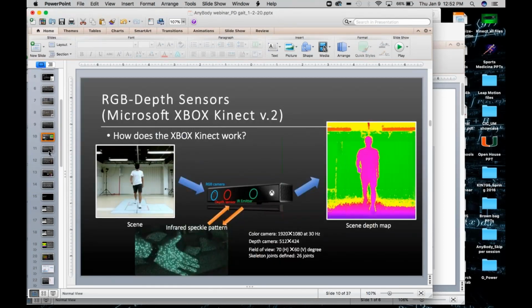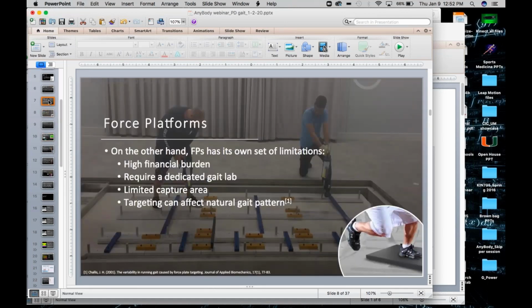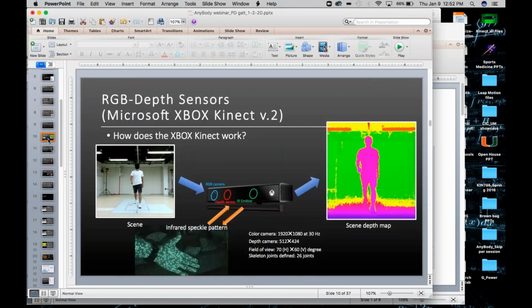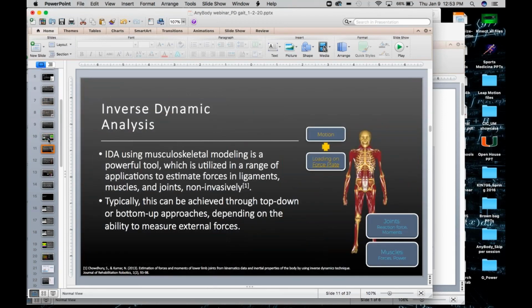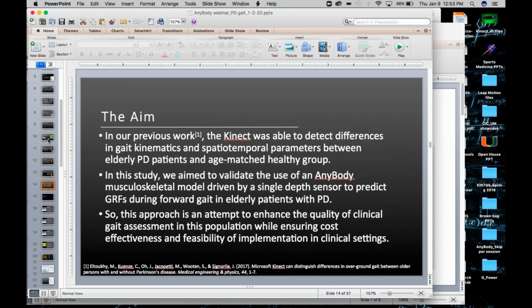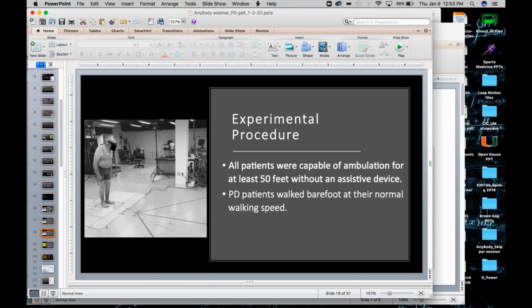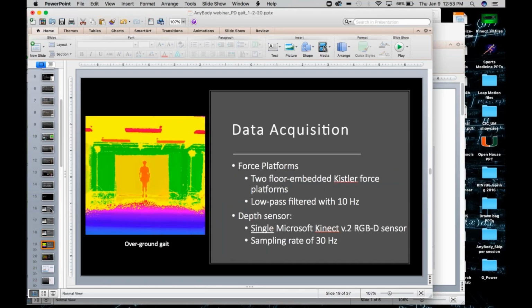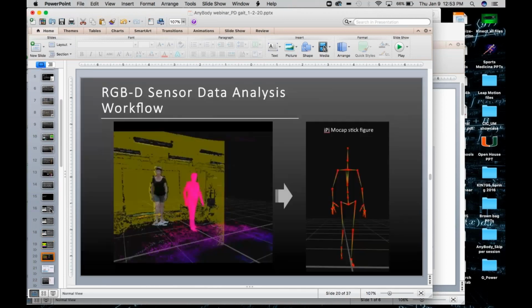Yeah, we published quite a few papers already validating the Kinect as compared to Vicon itself. I didn't include any in the references that I used.